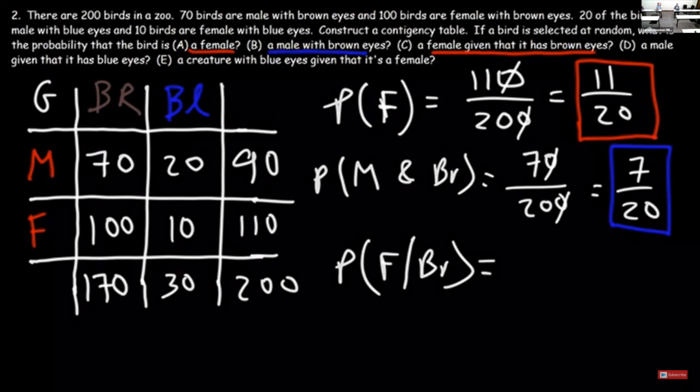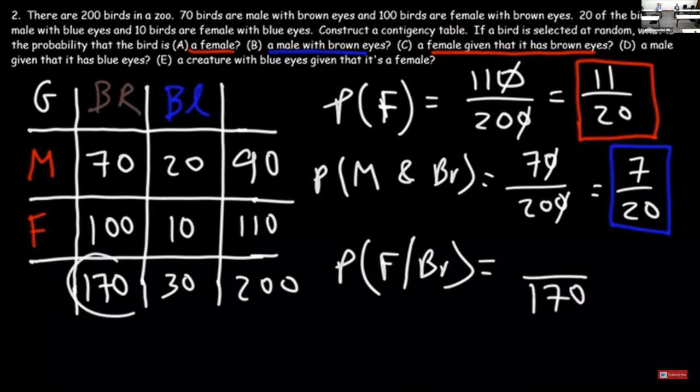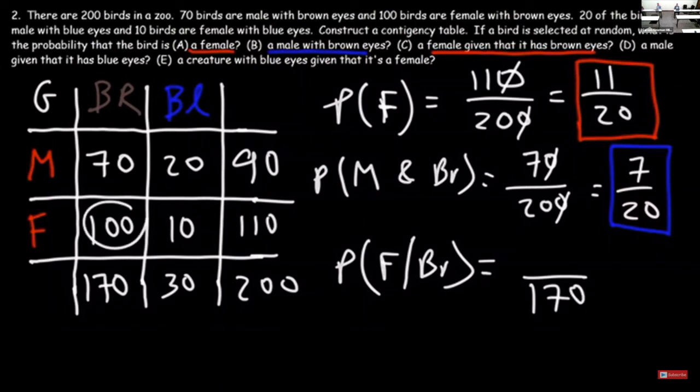How much of F is in BR? So out of all the birds with brown eyes, how much is female? So there's 170 birds with brown eyes. 100 of those birds are female. So it's going to be 100 out of 170, which reduces to 10 over 17.